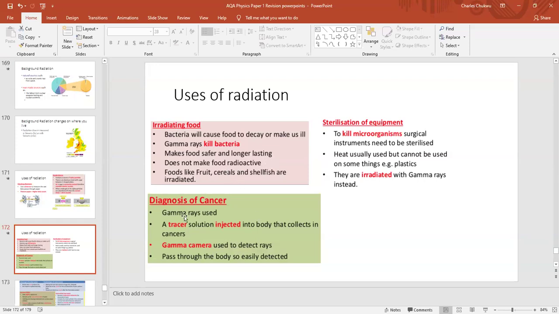Okay. Of course, for cancer diagnosis, even in X-rays, to find broken bones or find stuff in the body. Okay, so gamma rays are used for diagnosis.